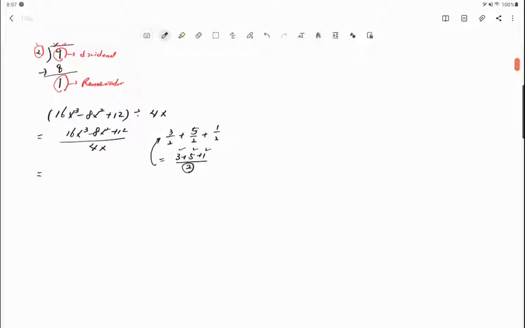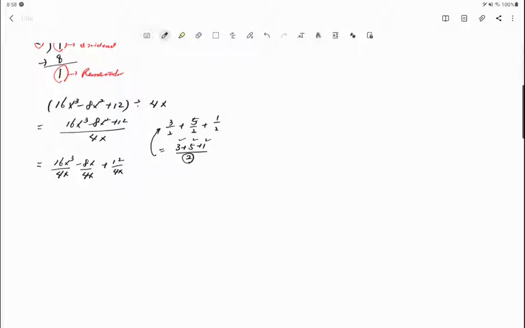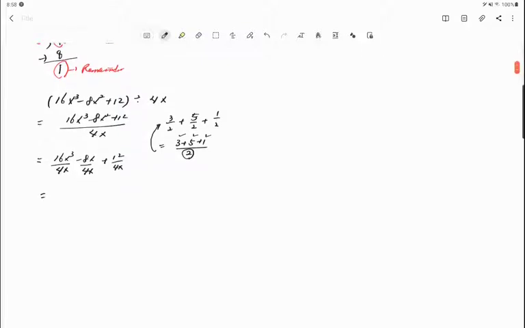We can use this concept. We can separate the terms in the numerator by the same denominator. Can you see it? So that we can easily reduce and simplify each term.